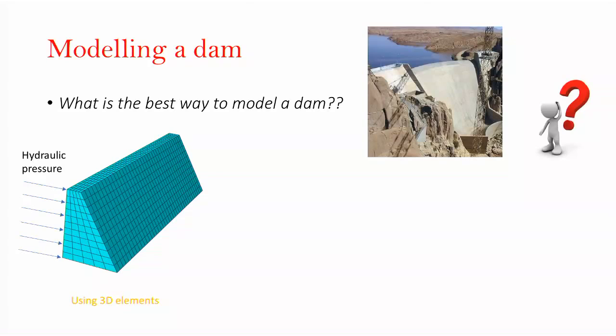If you want to use the FEA in 3D space, this is how we can create the geometry of the dam, right? And then apply the hydraulic pressure at the back of the dam, and also make sure that the two end sides are constrained, by soil or by any fixture that they use for building the dam.